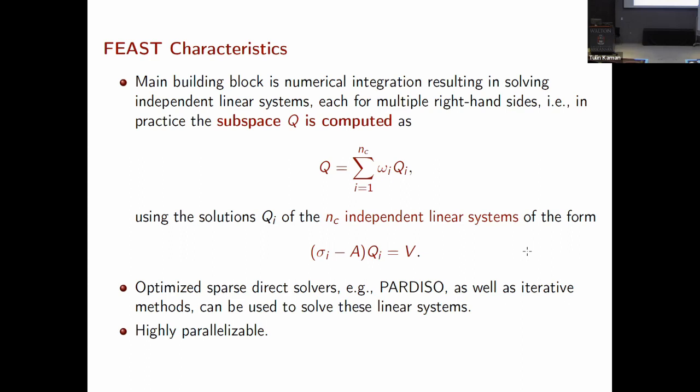Sometimes we can also use the same node with higher multiplicity. That's one of the works that Yousef Saad and Ron Zixuan worked on. But all these systems can be solved in parallel. You don't have to solve them in a sequential way because all these shifts are independent. There is no crossing of information. So it's a highly parallelizable technique.